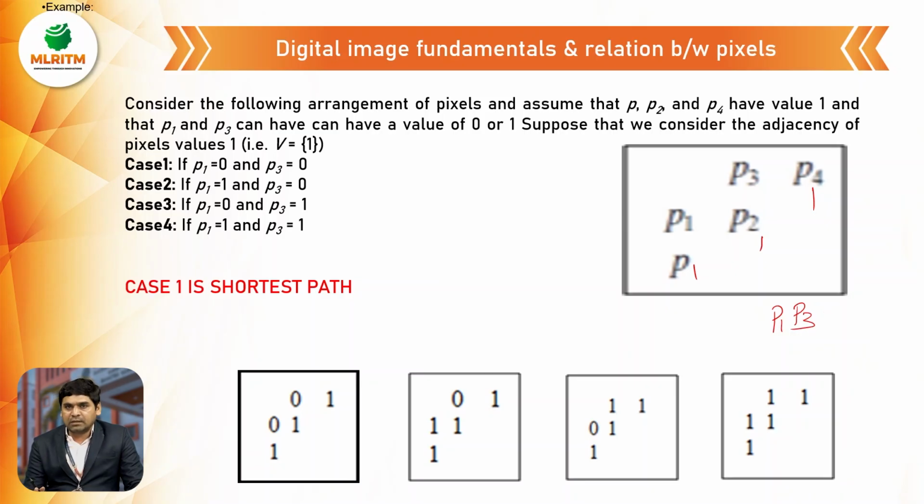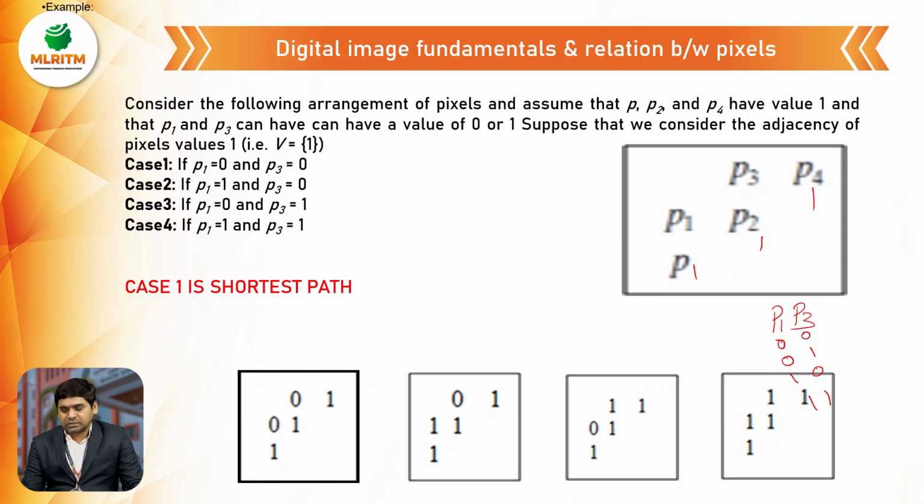First 0, 0. After that 0, 1. Next 1, 0, and 1, 1. There are four combinations in this problem.